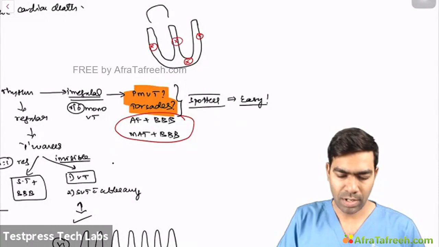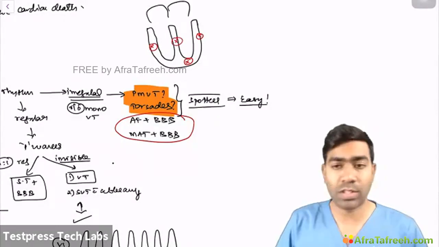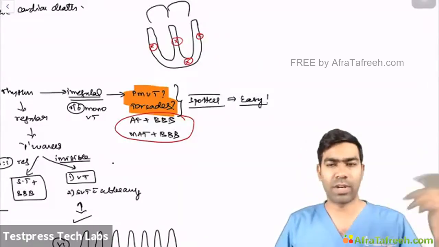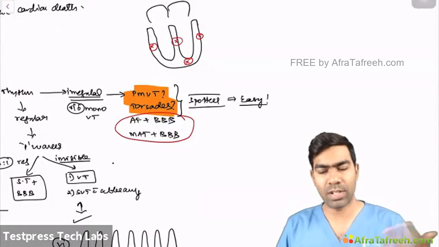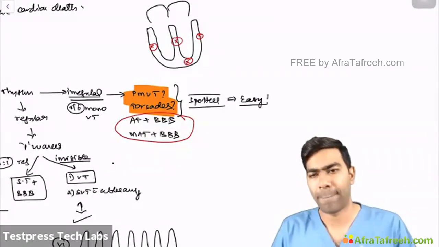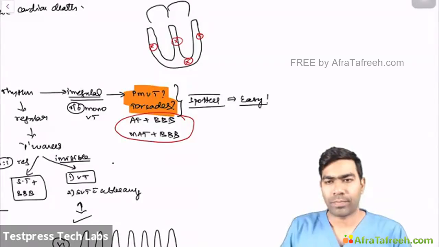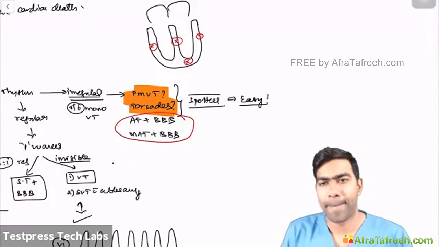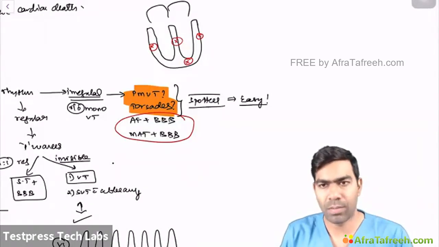As a common electrophysiological principle, if different complexes originate from different zones, will they have the same morphology or different morphology? Of course, it's going to have a different morphology.